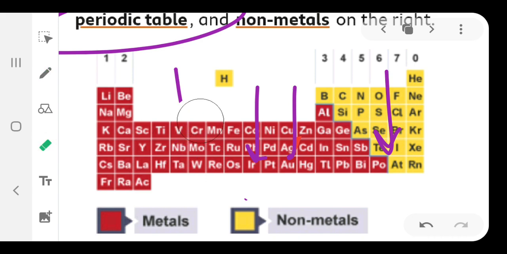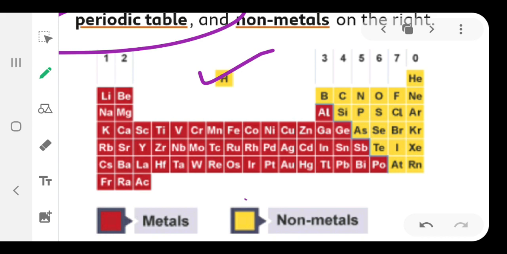There are a certain number of groups and periods in the periodic table that we will study in higher classes. For our class, we should know the elements right from hydrogen till calcium.